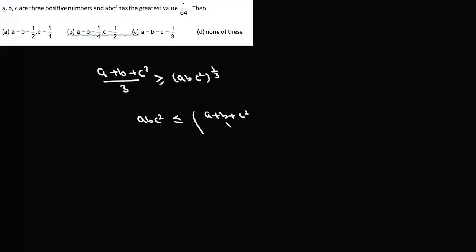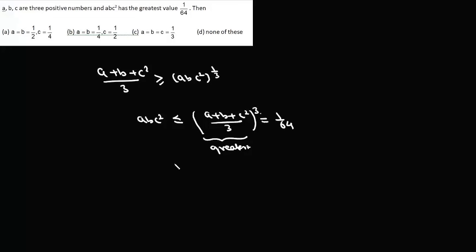Now we know that for positive numbers A, B and C, we can write (A plus B plus C square) by 3 is always greater than or equal to (A B C square) to the power 1 by 3, or A B C square will always be less than or equal to ((A plus B plus C square) by 3) whole cube. Now this is the greatest value. Now it says its greatest value is 1 by 64.